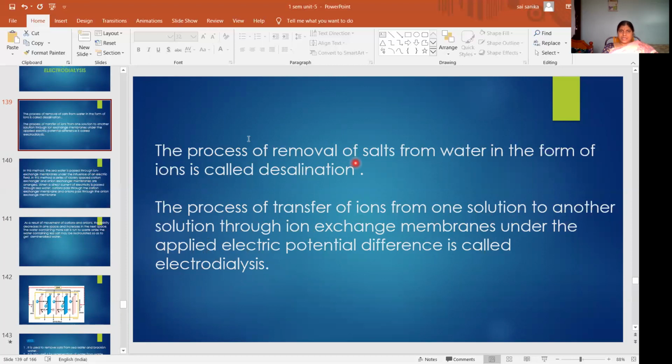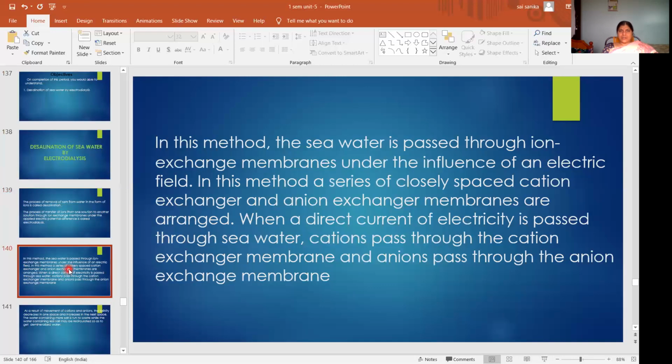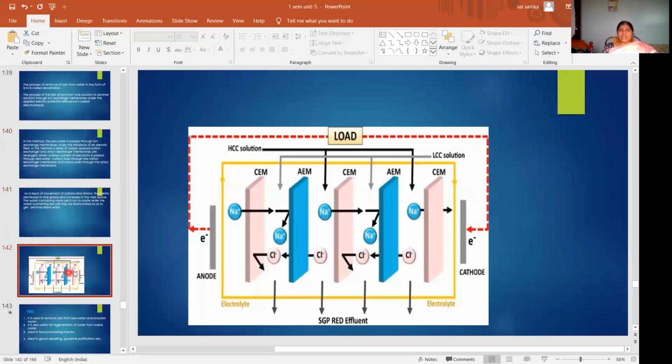If only desalination is asked, write that. To explain desalination by electrodialysis, from here onwards you have to explain this method and draw this diagram.